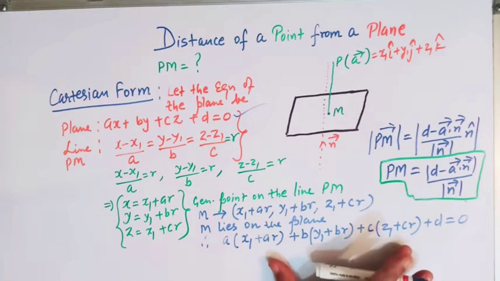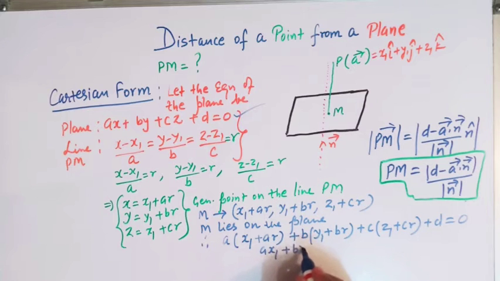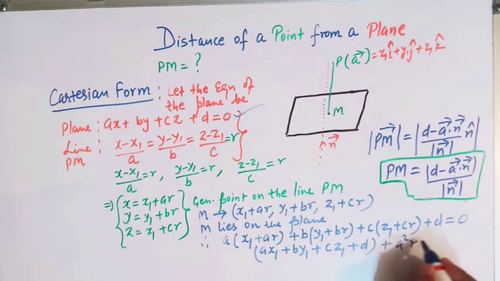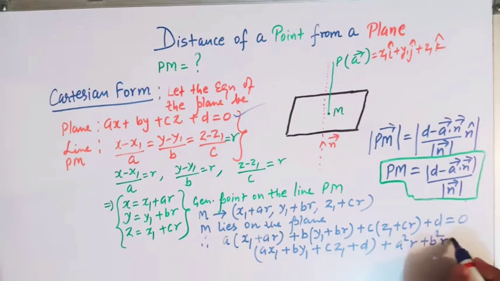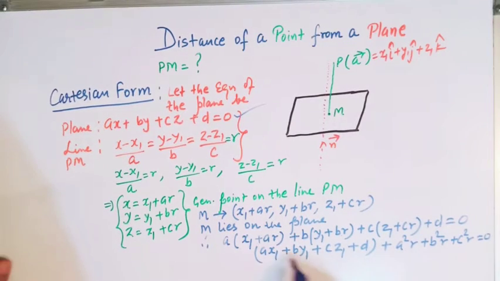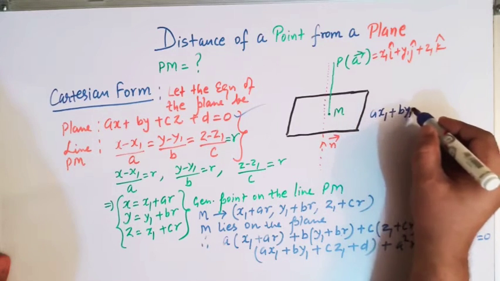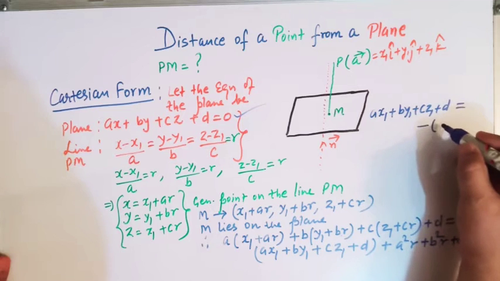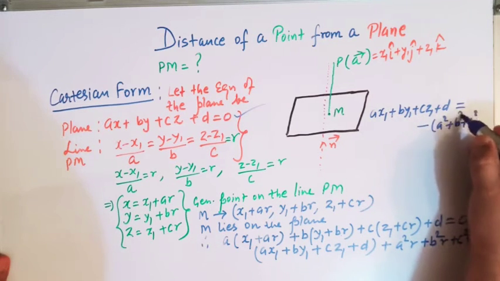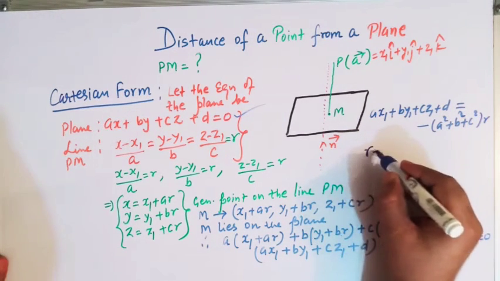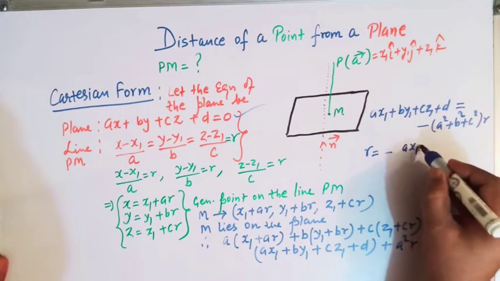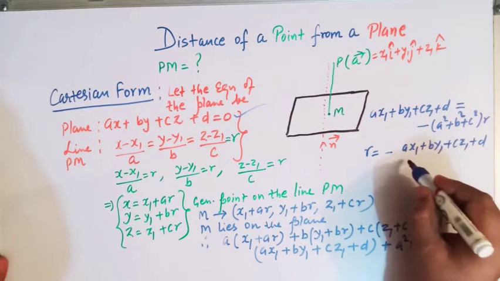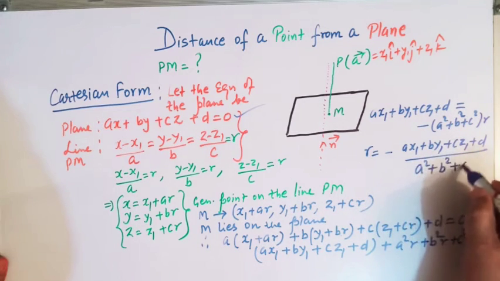Now if we simplify this expression, we get ax1 + by1 + cz1 + d + a square r + b square r + c square r = 0. This can be written as ax1 + by1 + cz1 + d = -(a square + b square + c square) r. So r = -(ax1 + by1 + cz1 + d) divided by (a square + b square + c square).